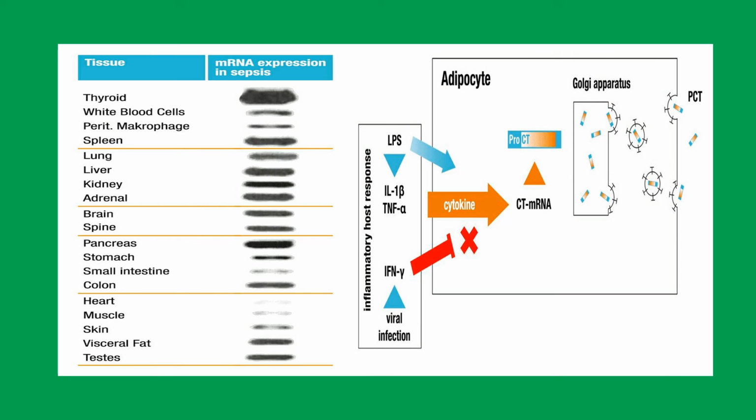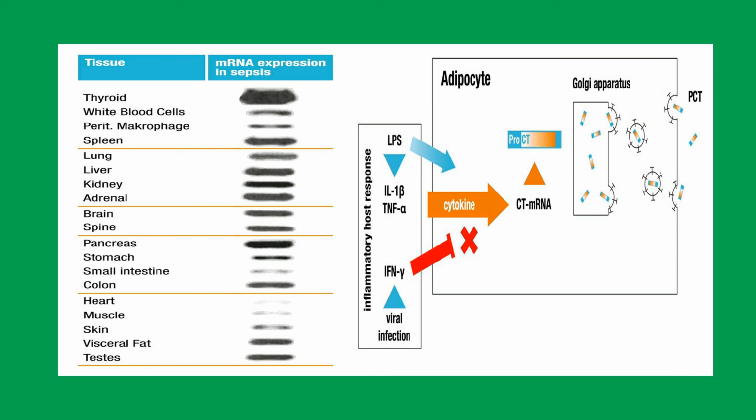The lipopolysaccharides found in many bacteria can stimulate your interleukin-1 and TNF-alpha to stimulate other cytokines to induce the release of procalcitonin.